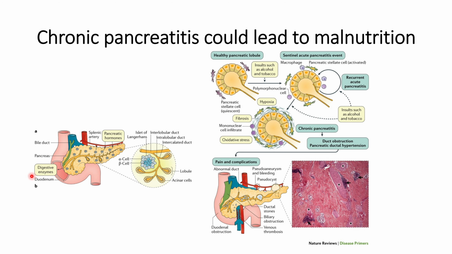Exocrines are responsible for generating digestive enzymes, whereas endocrines are responsible for generating pancreatic hormones such as insulin, glucagon, and some other pancreatic hormones.